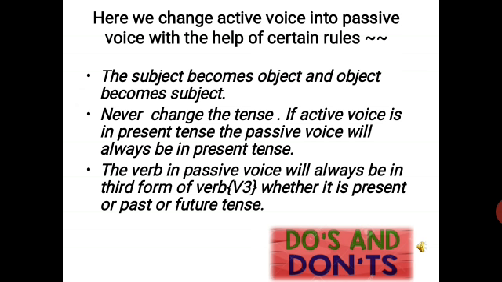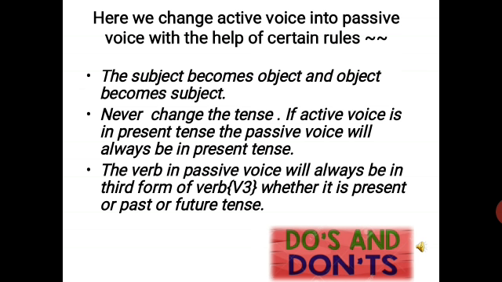Now I'm telling you some certain rules. With the help of these rules, you can convert active voice into passive voice. So listen to it very carefully. Very first, the subject becomes object and object becomes subject in passive voice. Second rule, never change the tense.